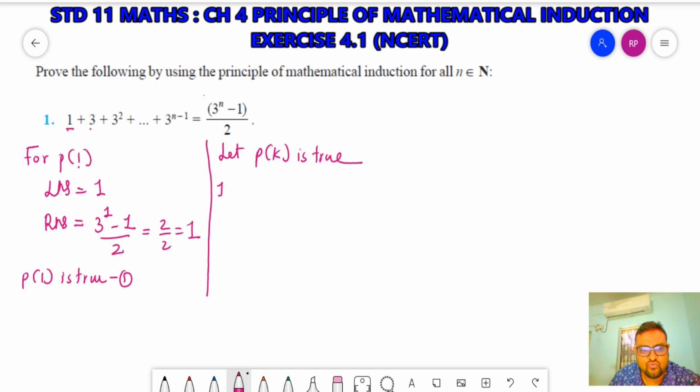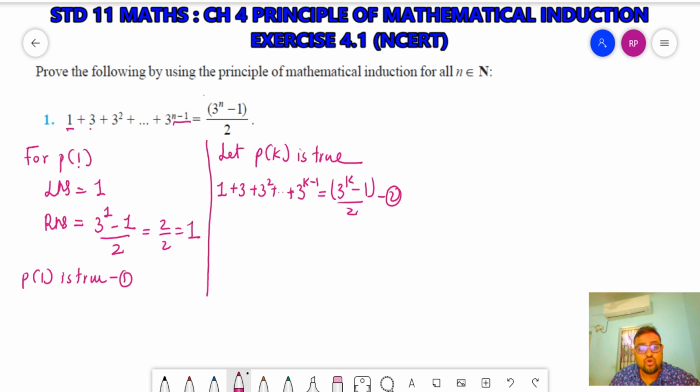This will mean that 1 plus 3 plus 3 square dot dot dot 3 raised to, here it is n minus 1, I will use k instead of n, that is equal to 3 raised to k minus 1 upon 2. We assume that P of k is true. That means this equation will be true.